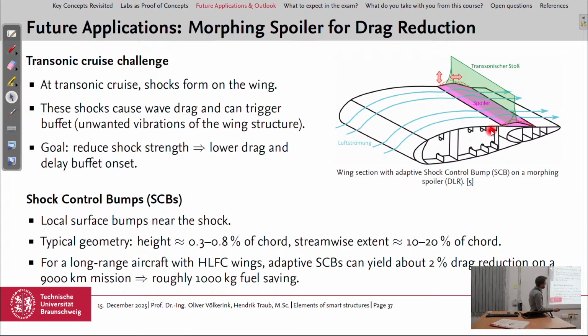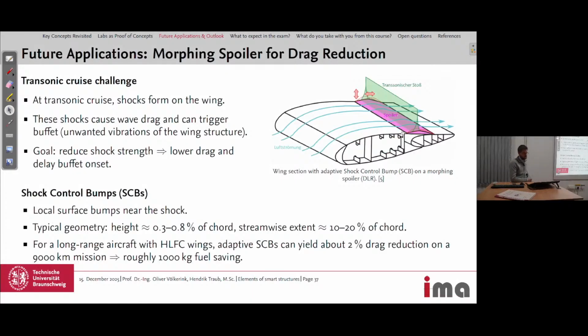They included these shock control bumps here, which could be activated. If the wing is in a state near to these shocks, then they would extend a bit of the surface here to create the shock control bumps and get rid of the shocks.